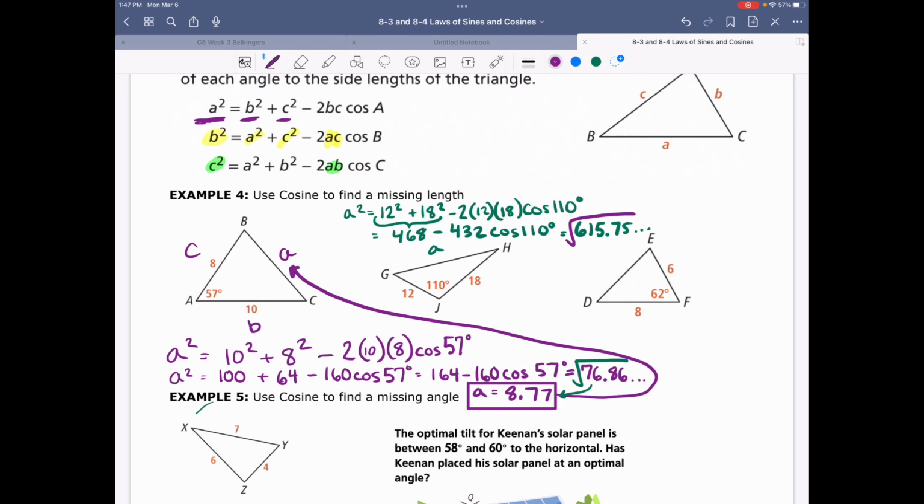And that is going to be approximately 24.8. And that looks about right, because that would be my side A, and it's longer than my other two sides.